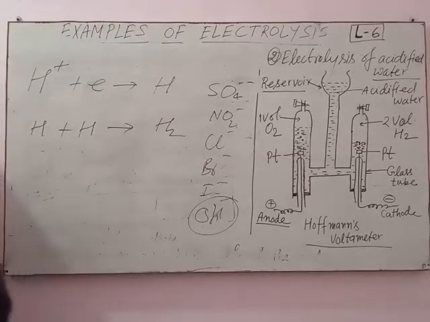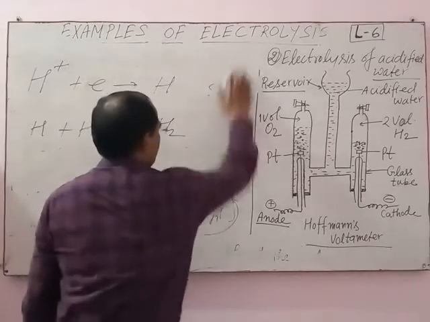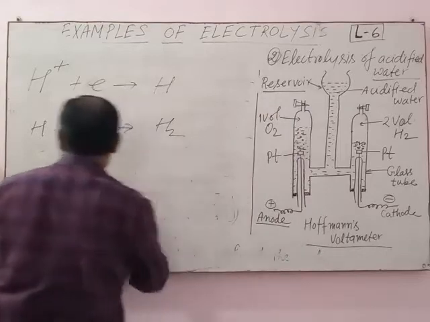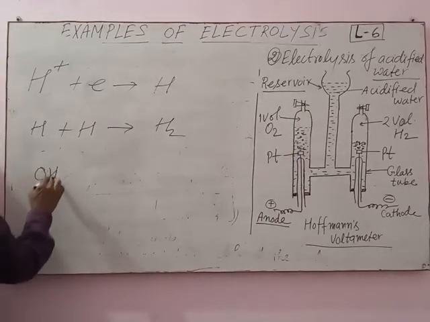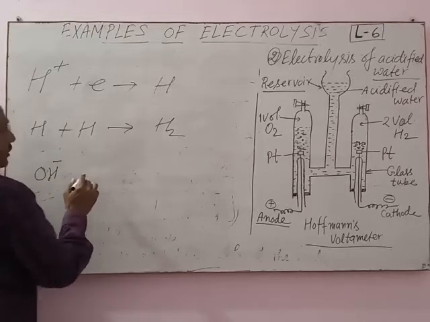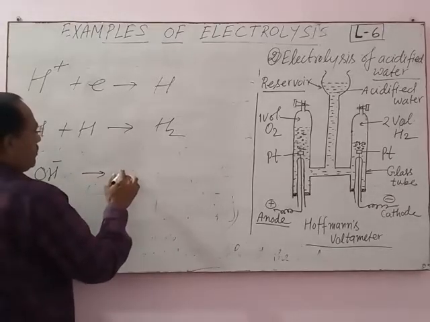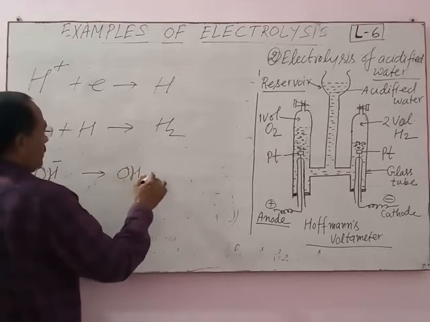How does the discharge of OH negative ion take place at the anode? This OH negative ion loses its electron to form OH radical.